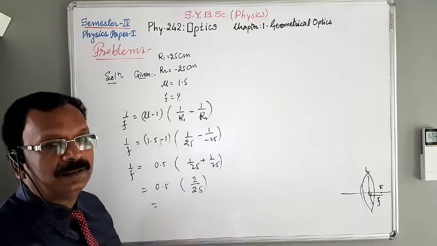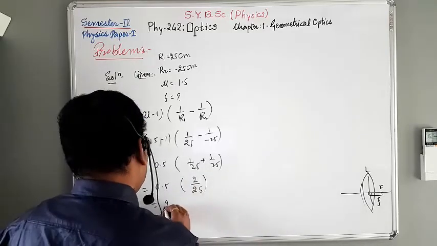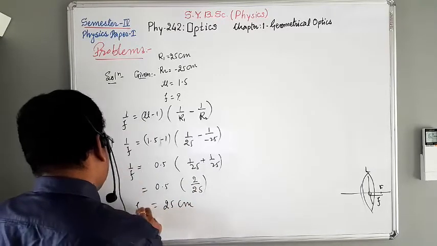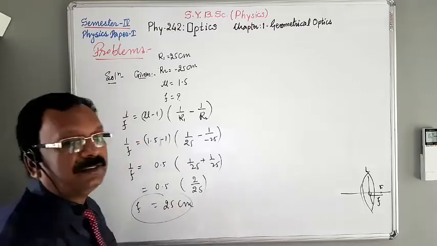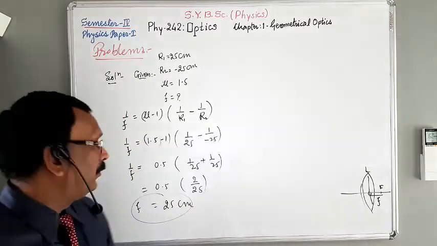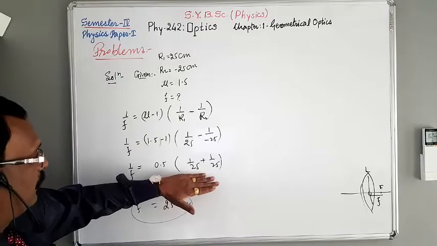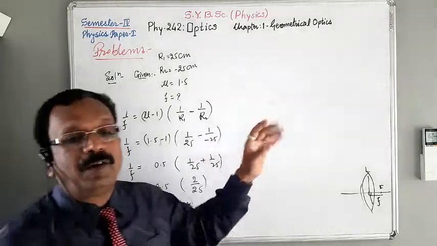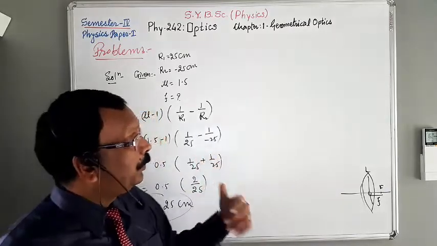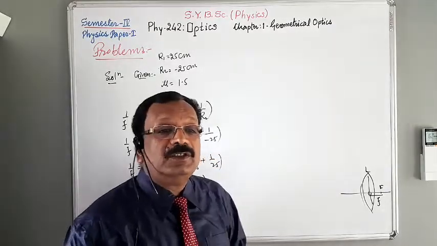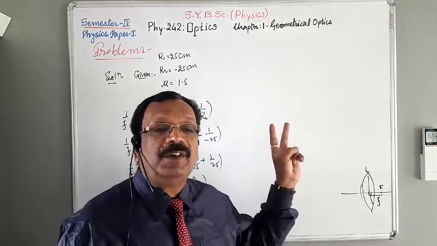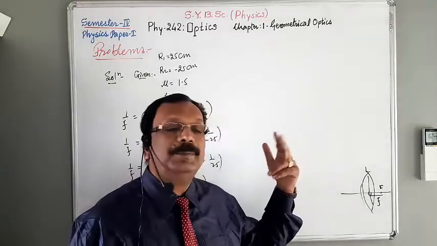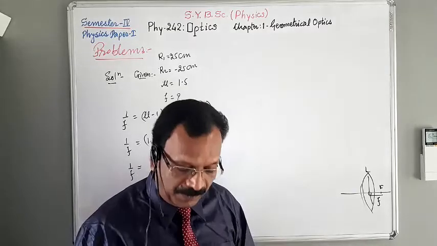Solve this, we will get F equal to 25 centimeter. This is the focal length. So the focal length of the given double convex or biconvex lens whose radius of curvature of each surface is 25 centimeter and refractive index of the material of the lens is 1.5.